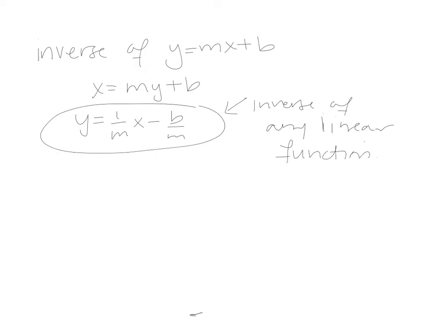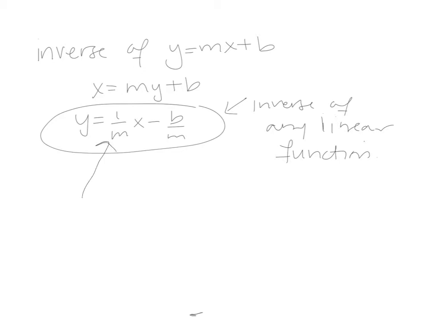Okay? So this is not true for horizontal lines, obviously, because you have y equals 0, so you have to consider that a little bit more deeply. Basically the inverse of any linear function will have a reciprocal slope.